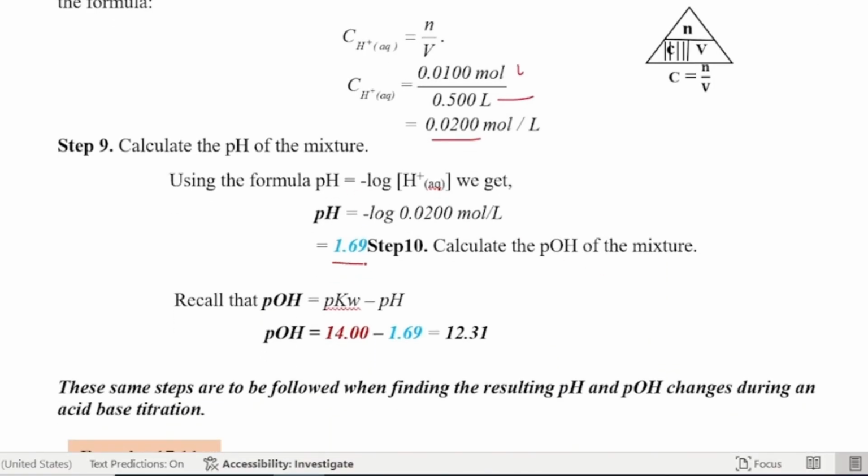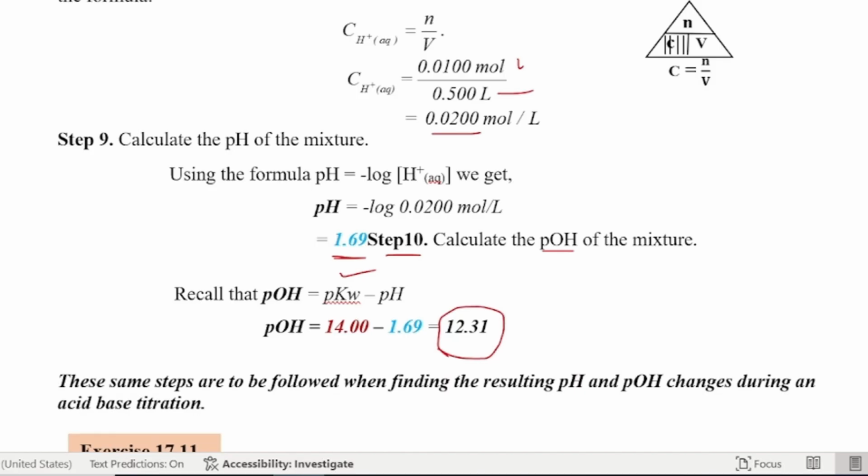This is the pH. Calculate the pOH, we know that pOH is equal to pKW minus pH, and this, of course, becomes the pOH. We'll use these strategies to find changes in pH during an acid-base titration reaction.